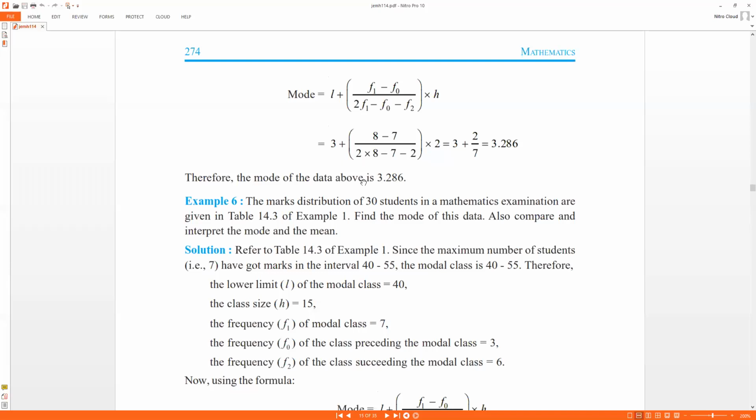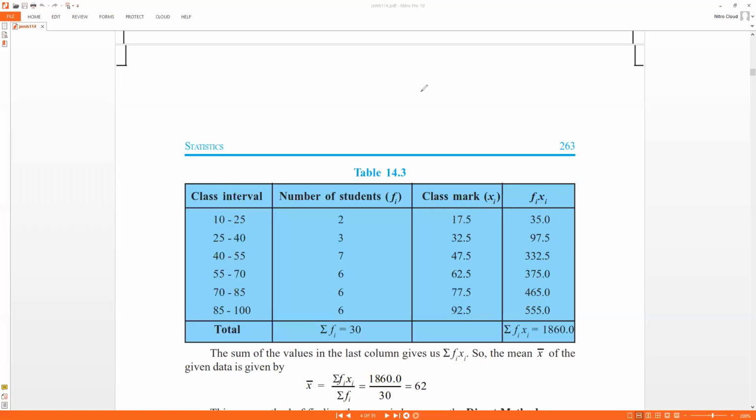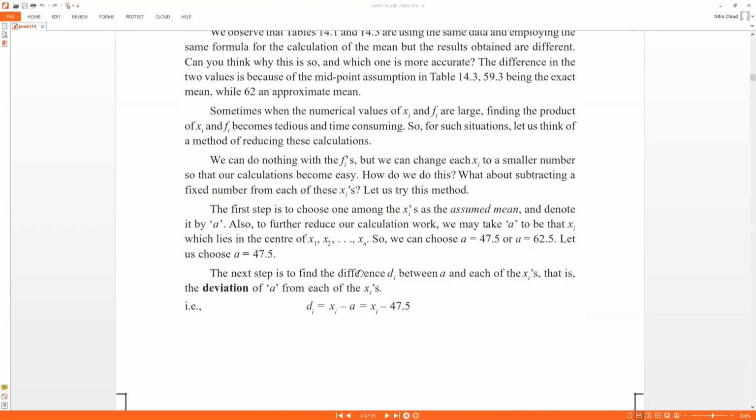So we were doing question 6. Refer to table 14.3 of example 1. To solve example 6, we are going to refer to table 14.3.